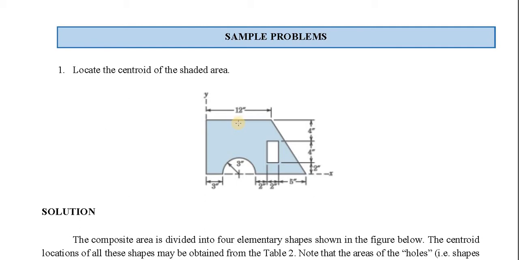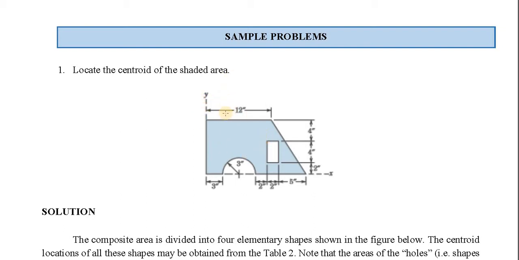So the idea of how to solve this is to break all these four shapes into separate shapes. For example, one rectangle, another rectangle, a triangle, and a semicircle. That is how you analyze a problem with more than two given shapes.